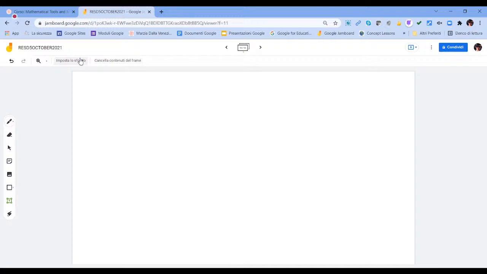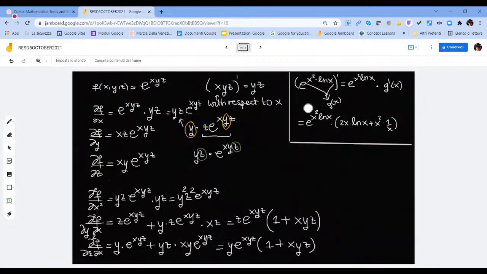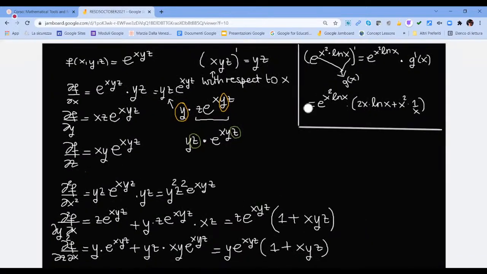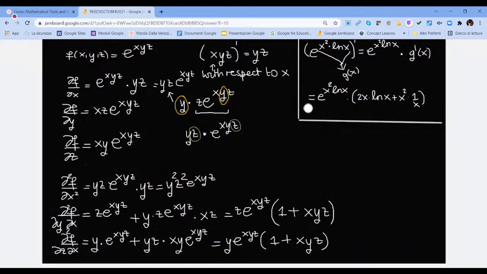I'm sorry, maybe it was a little fast. Okay. Of course, we can compute every other derivative with respect to the other first partial derivatives.